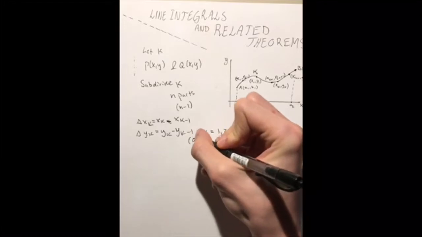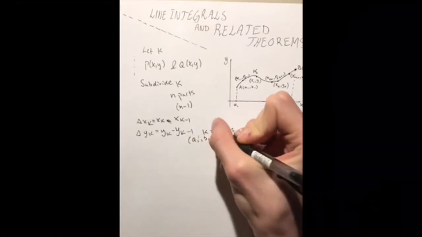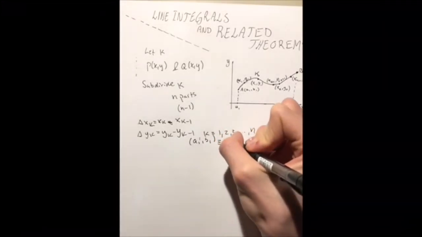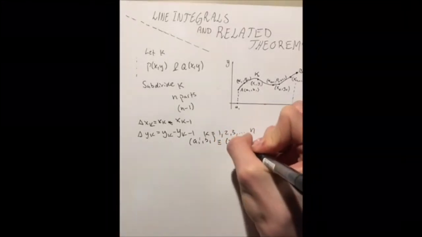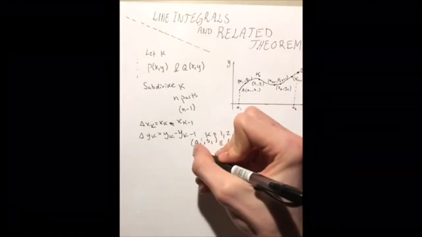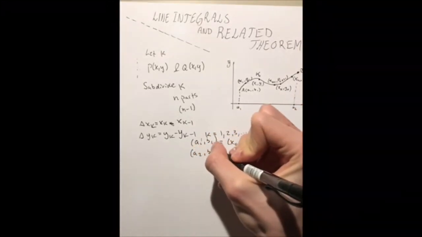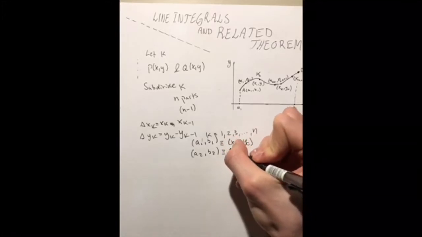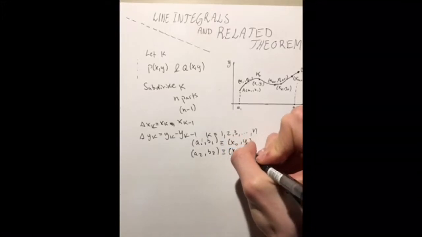Where A1, B1 by definition is equal to x0, y0, and A2, B2 by definition is equal to xn, yn.